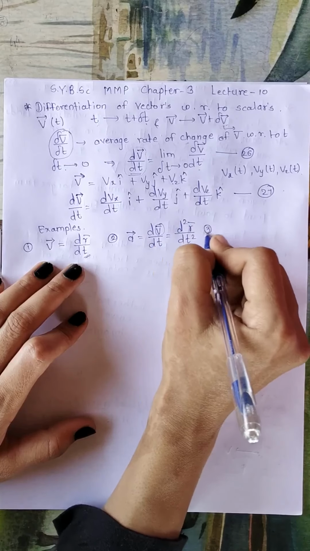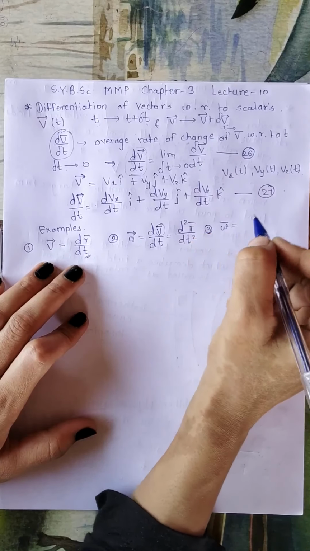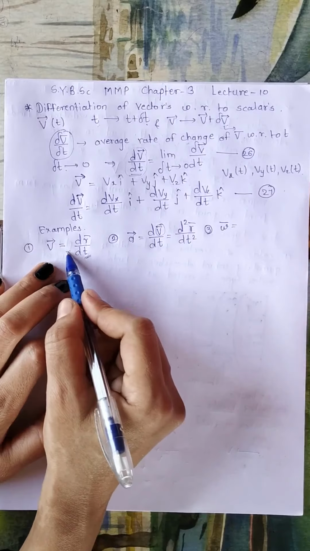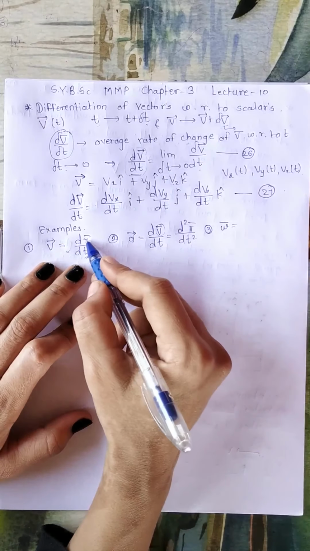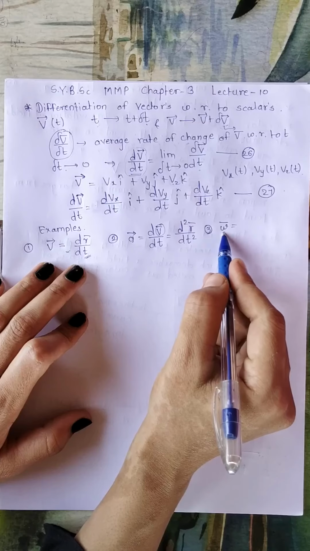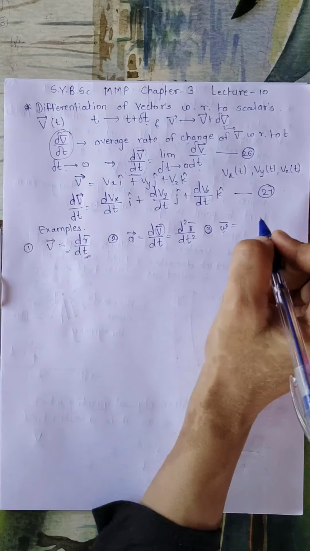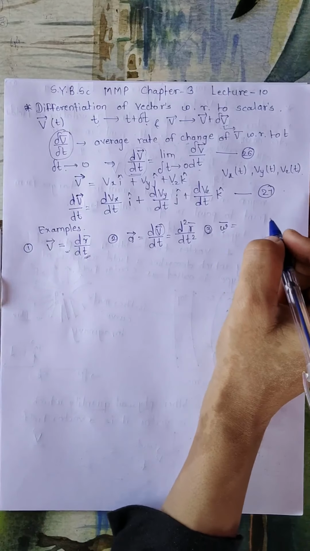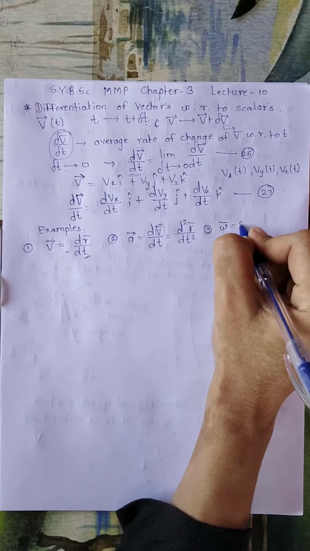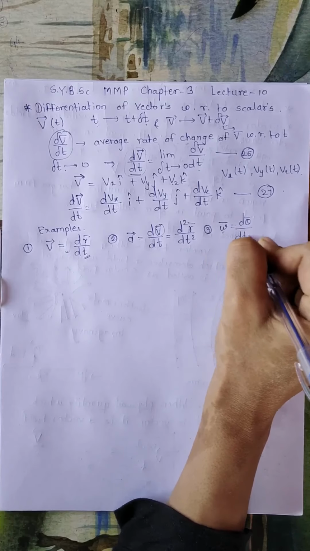Then also the angular velocity omega bar. This was our linear velocity, and this was linear displacement. In case of angular velocity, it is the rate of change of angular displacement with respect to time, and angular displacement is given by theta. So we can say omega bar is d theta bar upon dt.